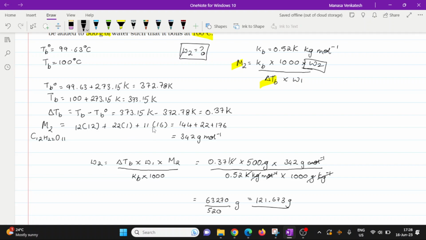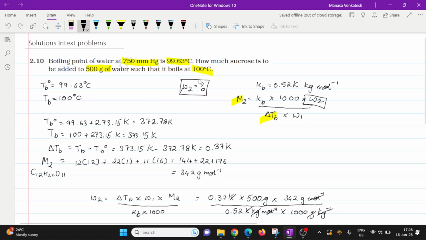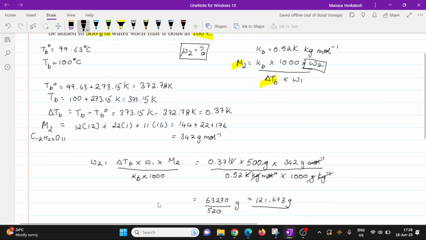So we started off by calculating the amount of sucrose, essentially the value of W2. First we converted the units from Celsius to Kelvin, and then calculated the value of delta TB. Technically, if you substituted all these values without the units and just wrote this, you should be fine.